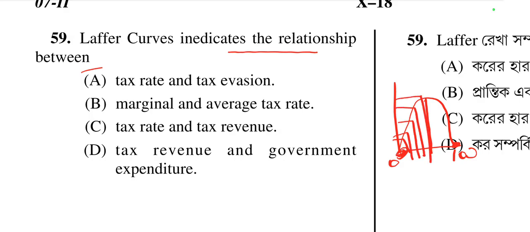This relationship shows that as the tax rate increases, tax revenue increases up to a maximum point. If we increase tax further, revenue will reduce. If we take more tax from the consumer, tax revenue will automatically fall and come to 0. So this is the relationship between tax rate and tax revenue. So option C is the right choice.